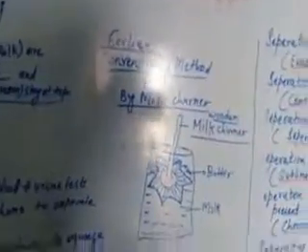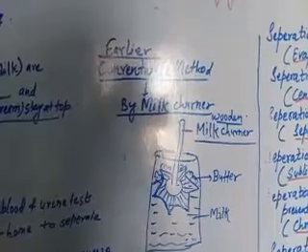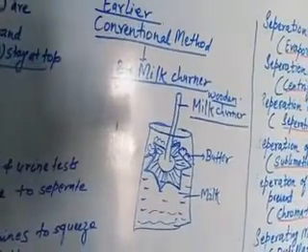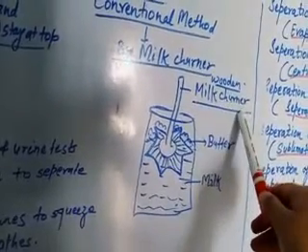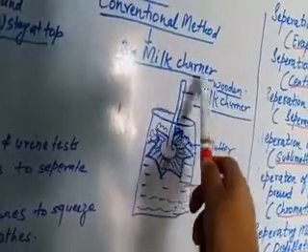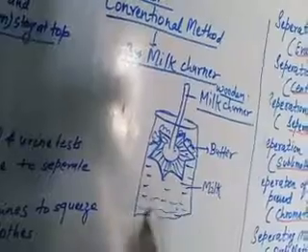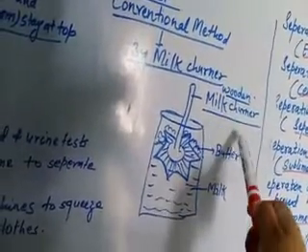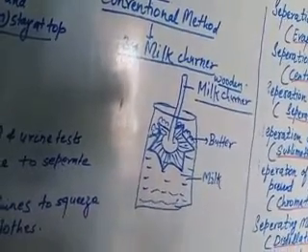Now in earlier times also, people used to do the centrifugation process by a conventional method. They used to do it with the help of a wooden milk churner. People used to spin the wooden milk churner inside the vessel containing milk, rapidly, continuously, and for a long time.